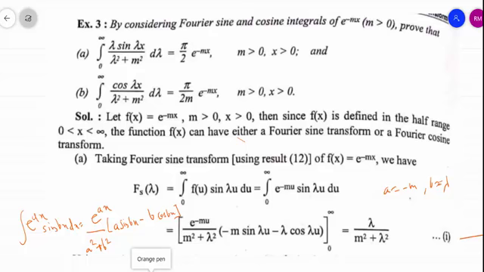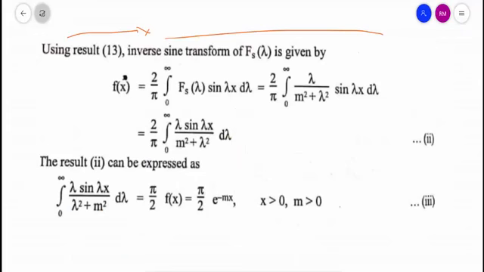After that we have to represent the function f of x in the language of Fourier representation. Once we find the Fourier sine transform, Fs of lambda, its value is lambda upon m square plus lambda square.